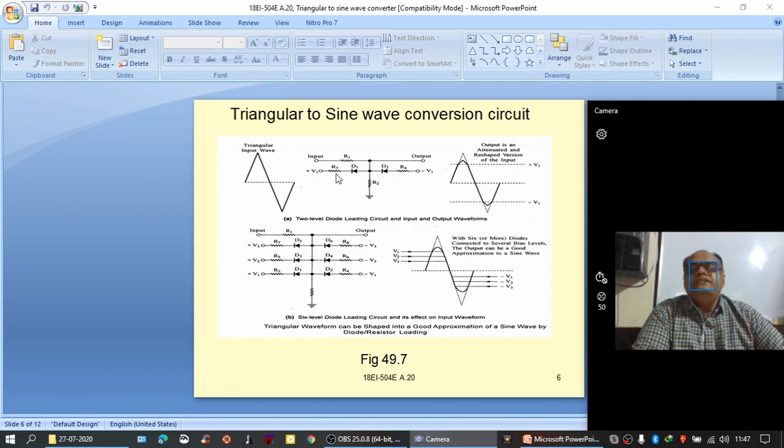When the diode starts conducting, the input voltage would be clipped to this voltage.